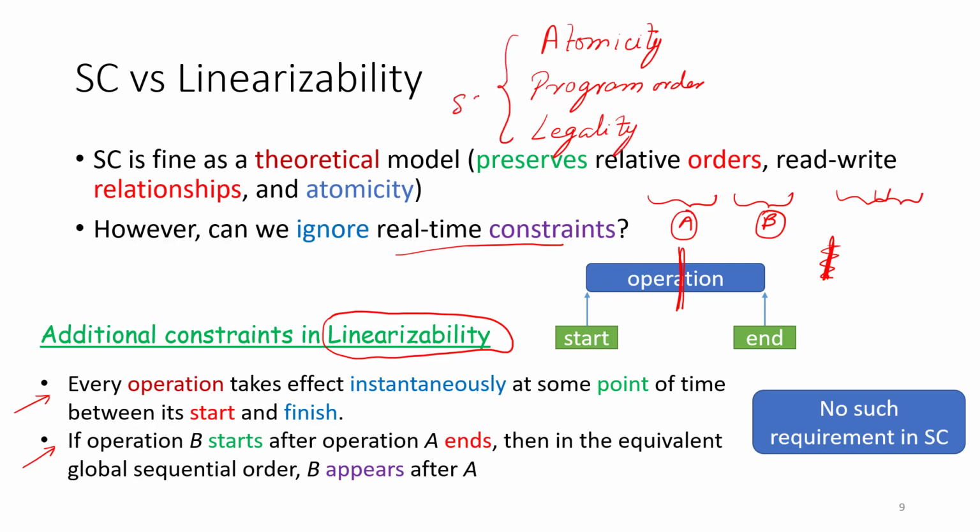These were the properties of SC, where you have program order, atomicity, and every read needs to return the value of the latest write. If with this we add real-time order, then what we get is linearizability.